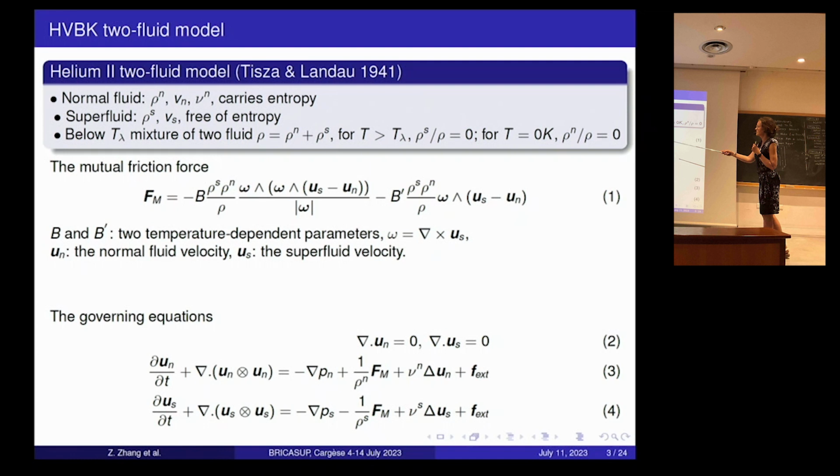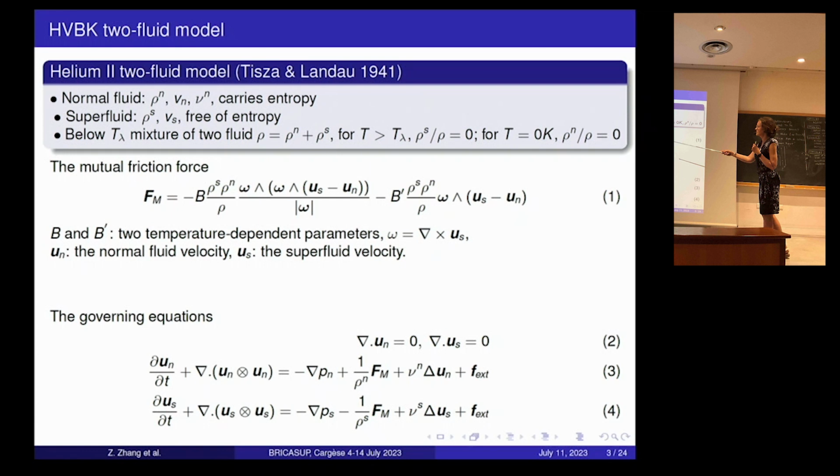We'll vary the ratio between the normal fluid and the superfluid, with a ratio of 10 above T lambda. A little bit below we have equal parts of normal fluid and superfluid, and below T lambda most of the fluid will be superfluid and a little bit of normal fluid.